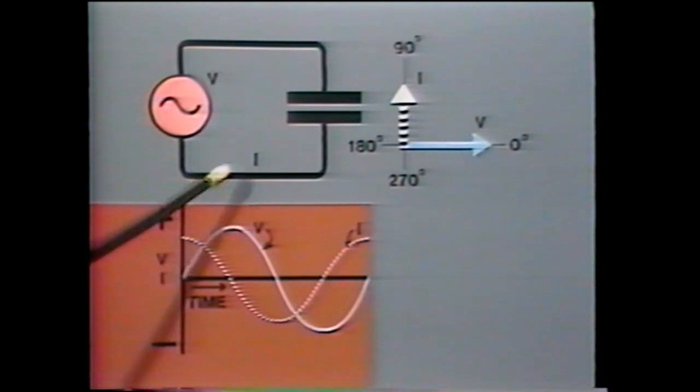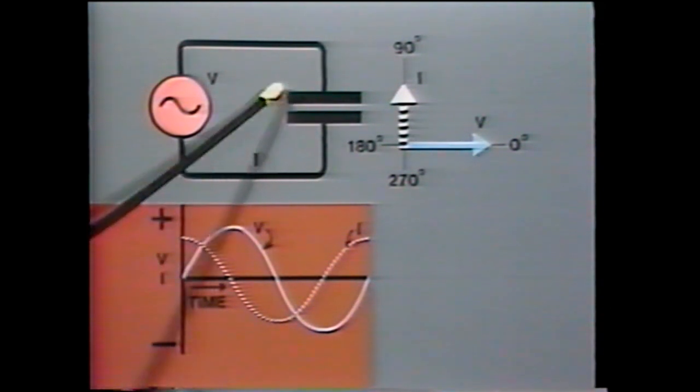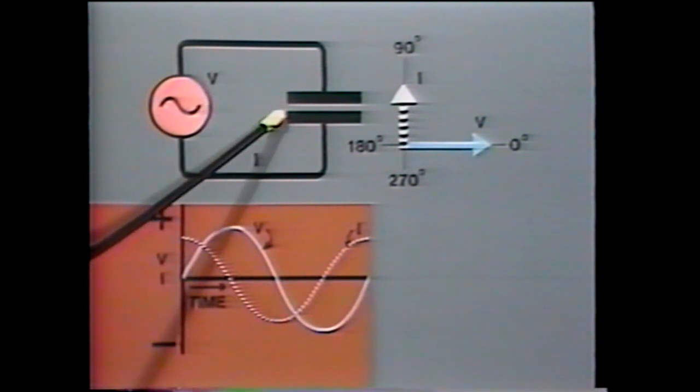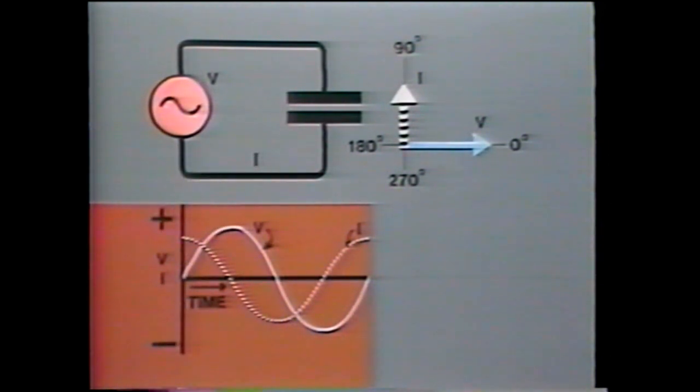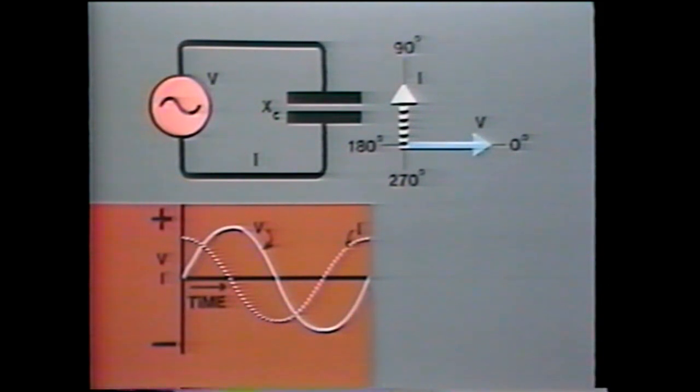How much current flows? Again, it depends on the amount of opposition to current flow in the circuit. In a capacitor, opposition to current flow is called capacitive reactance, and it is indicated by the symbol X sub C. And this is measured in ohms.